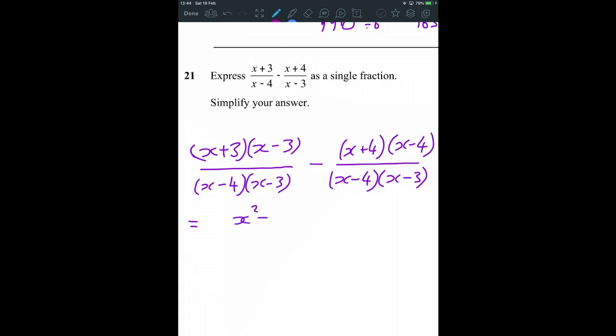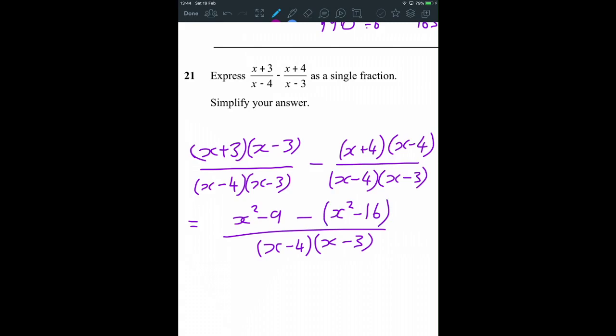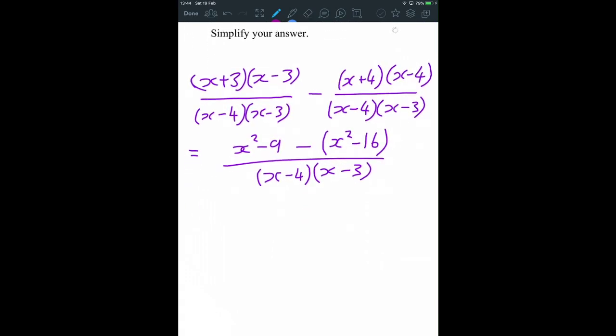Simplifying, we get x squared minus 9. Subtract the second one, which was x squared minus 16. And right now you should be screaming at your screens, I need this second one in a bracket because I'm subtracting the entirety of that double bracket. So it needs to have a minus.